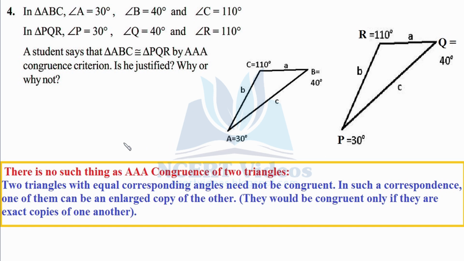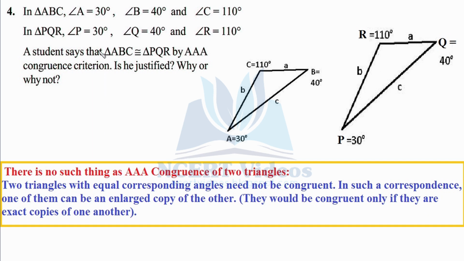As you have learnt in this chapter, there is no AAA congruency rule or angle, angle, angle criterion to prove that two triangles are congruent to each other. This says two triangles with equal corresponding angles need not be congruent. That is, they may be or they may not. In such a correspondence, one of them can be an enlarged copy of the other. As we have shown here, they would be congruent only if they are exact copies of one another.